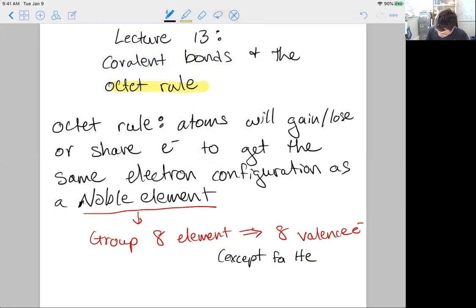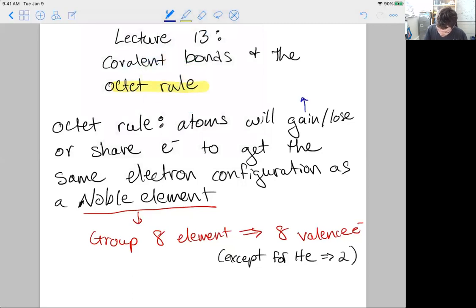Except for helium, the noble elements have 8 valence electrons. Helium has 2. So there's this rule that says that atoms will gain, lose, or share electrons to get the same electron configuration as a noble element.